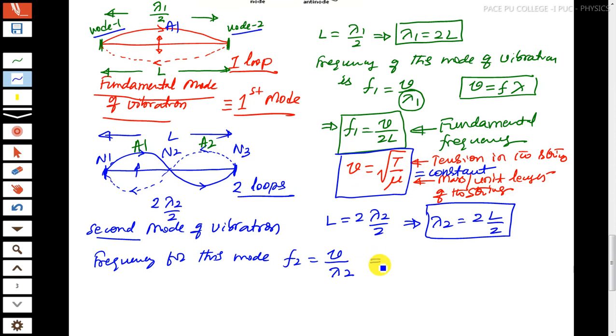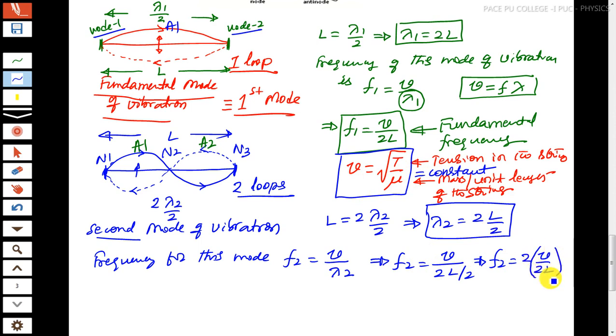So further, what can I do for F2? F2 is equal to V divided by lambda 2, and lambda 2 is 2 times L divided by 2. I can modify it. So further, F2 is equal to 2 times V divided by 2L.